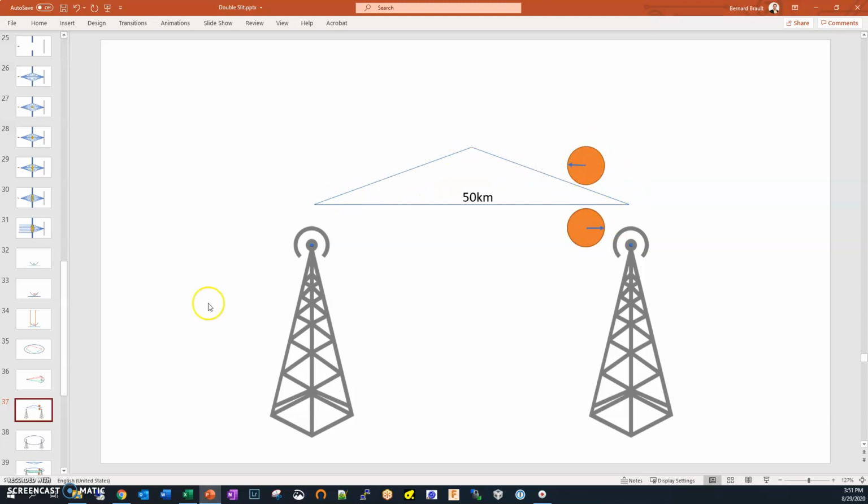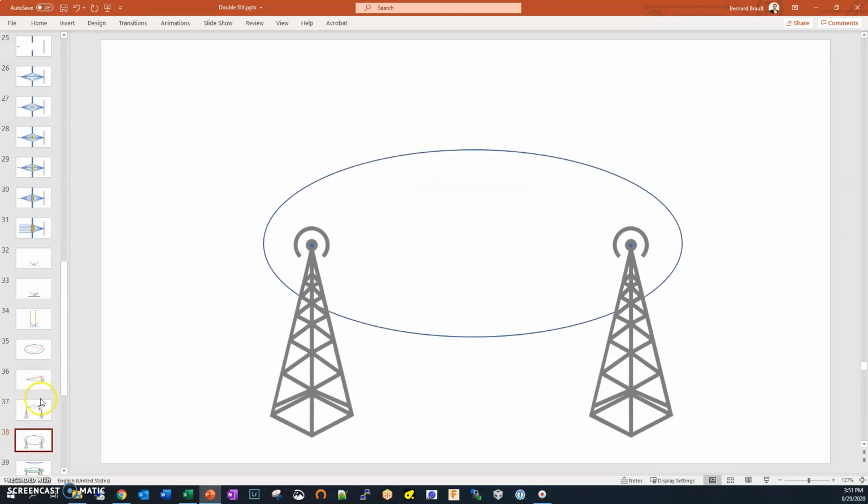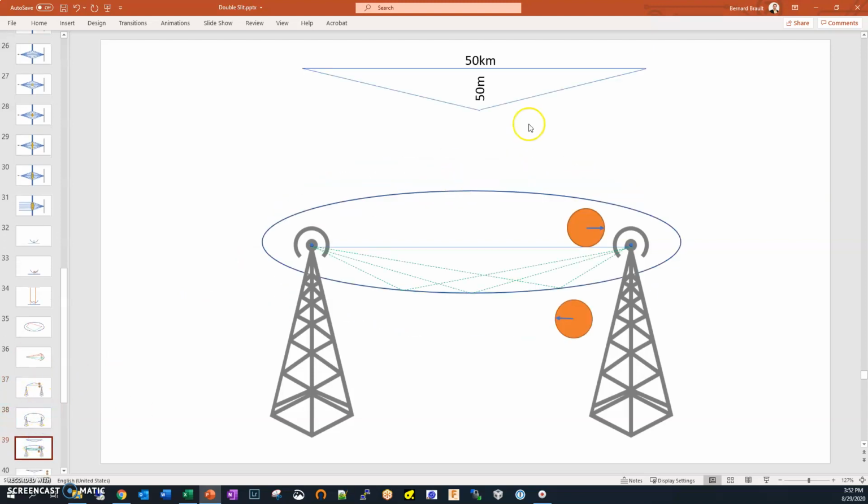And that other path, let's take a look at it with an ellipse. So when you have an ellipse, let's say for example that a path that would be like 50 meters apart would arrive with a 180 degree difference. That means that any point that actually uses a path that hits this ellipse right there would be canceling out the main signal.